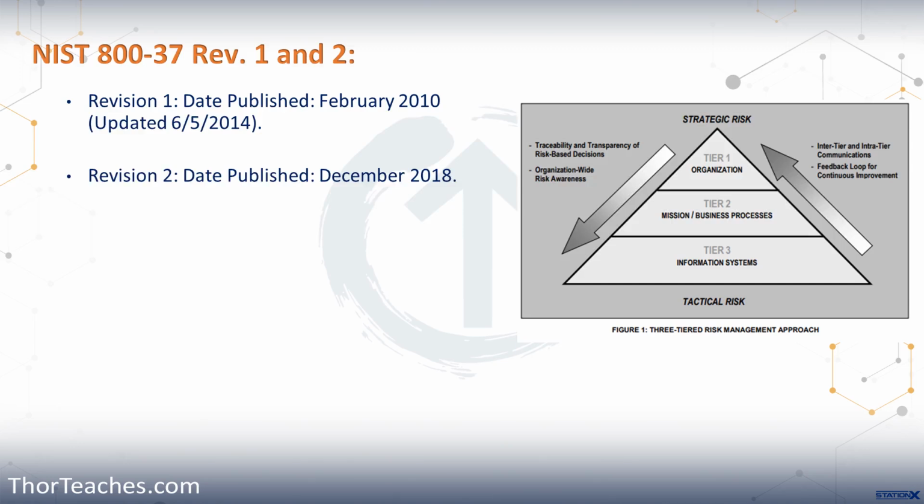800-37 and 800-53 are closely tied together. So often in one NIST standard, you will see it referencing another. If you remember, we had that three-tiered pyramid-looking thing where Tier 1 was the organization, Tier 2 the mission and business processes, and then Tier 3 is where we found 800-53.